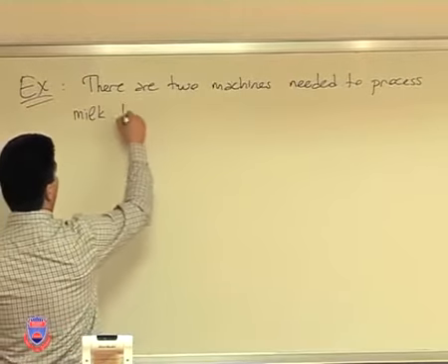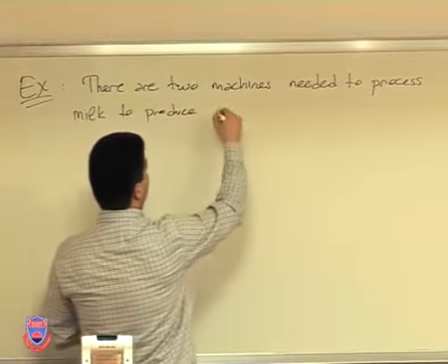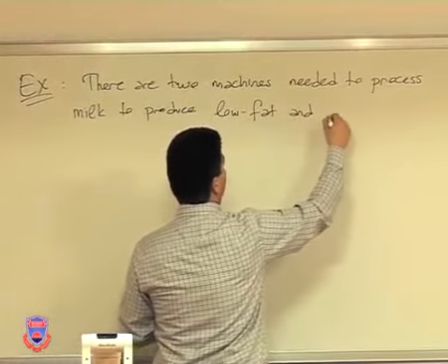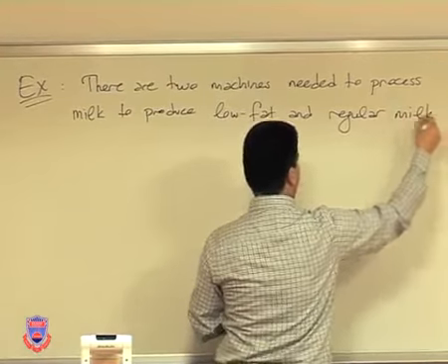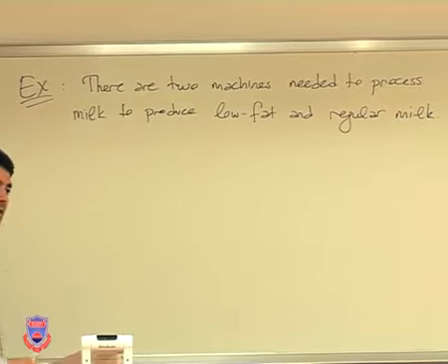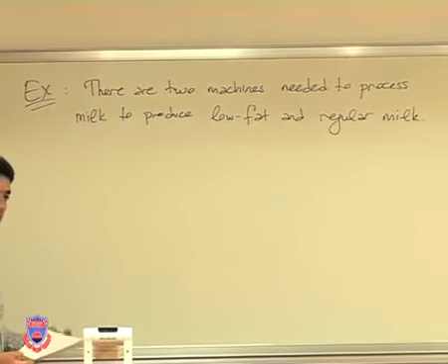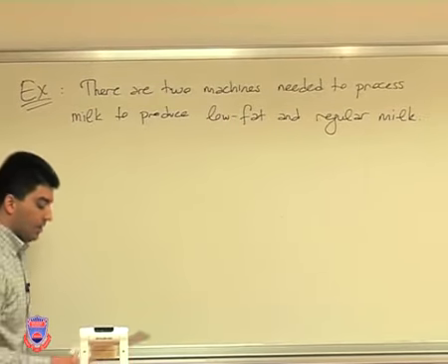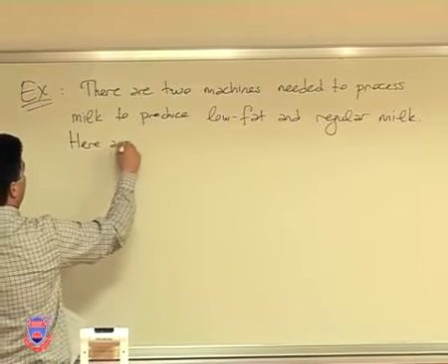And you process milk to produce, let's say, two kinds of milk. So let's say low fat and regular milk. Okay? So of course, low fat and regular milk should have different processes, right? Otherwise, the outcome would be the same. So suppose that here are the processing times.